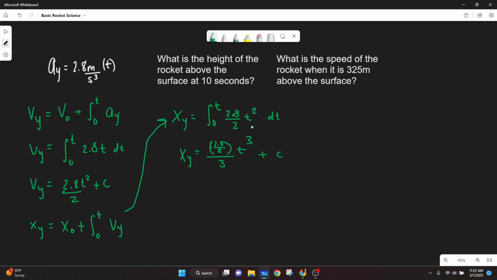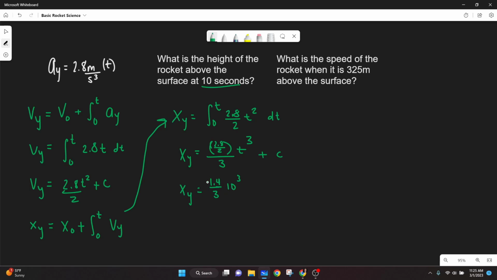And so now that we know our position formula, we can plug in our 10 seconds into t and get our position after 10 seconds. So that will be equal to, this is 1.4 divided by 3. T is going to be 10 seconds, and we're going to cube that.